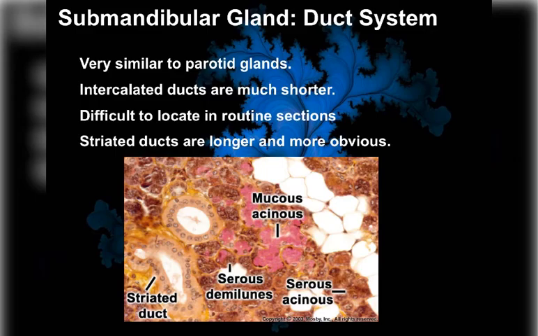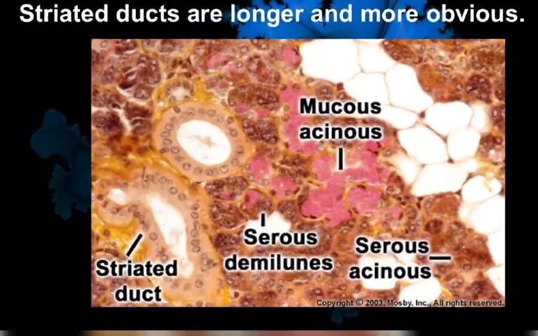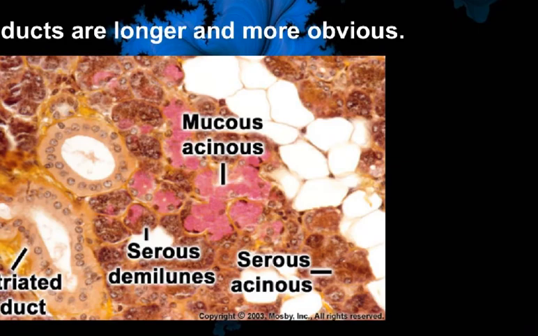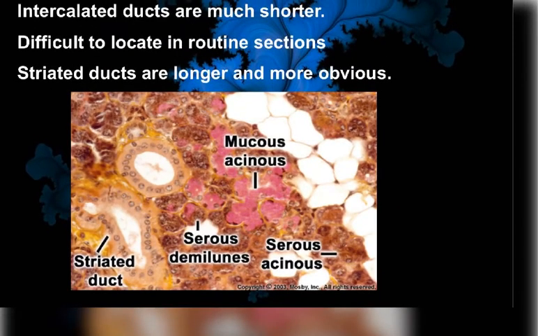Here in this section, in this type of stain, we see mucous secretory end pieces pink, and the serous secretory end pieces as brown. So you see here the majority is brown.